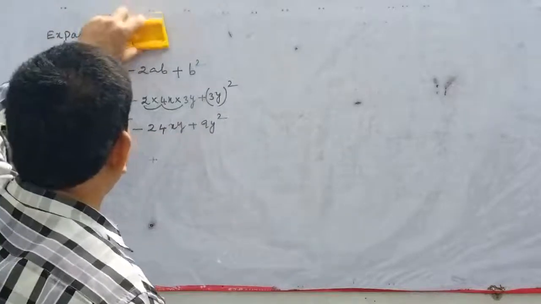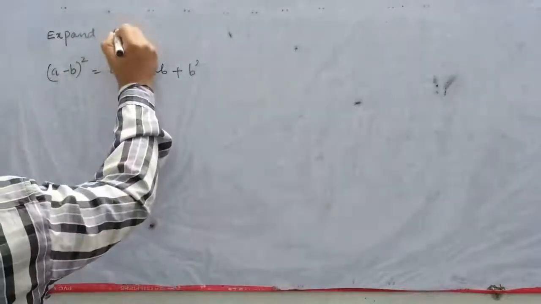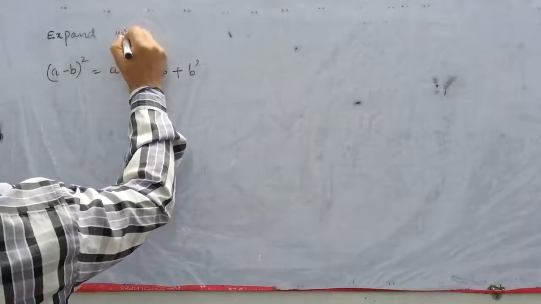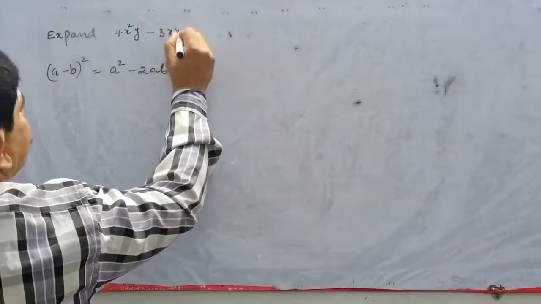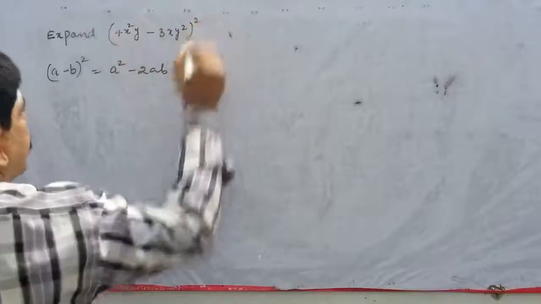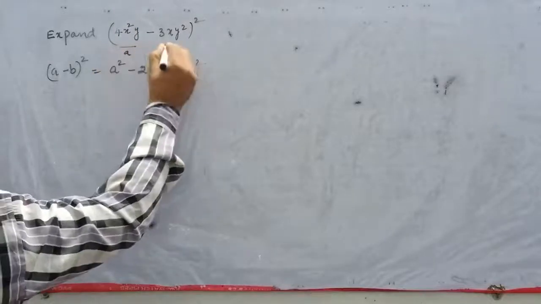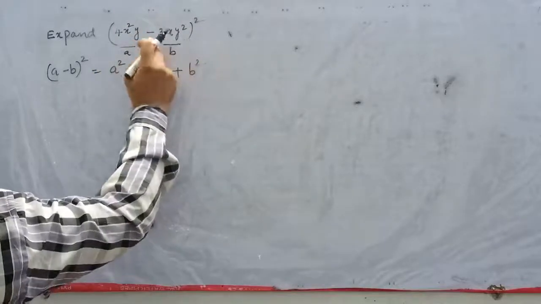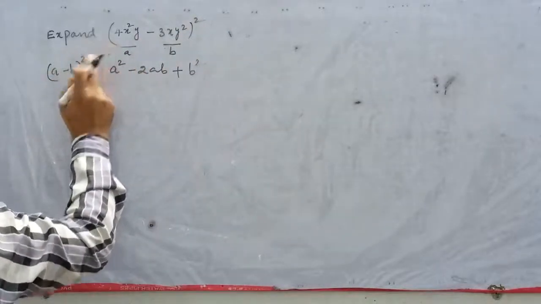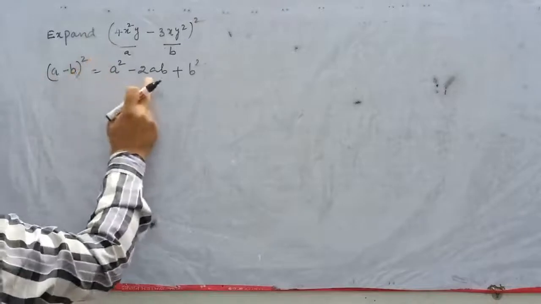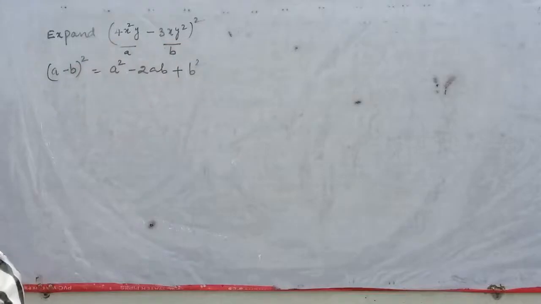Next, another question. Expand (4x square y minus 3xy square) whole square. Now let the first term be a and the second term be b, with a minus symbol between, so this is in the form of (a minus b) whole square, which is a square minus 2ab plus b square, where a is equal to 4x square y and b is equal to 3xy square.